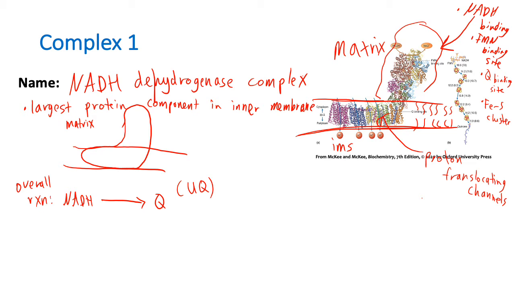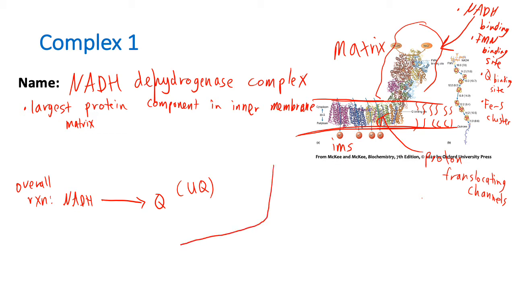And essentially, here's what's going on in this particular complex. I'm going to save some room right here and redraw it. So here's your complex right here. You have NADH, which is a byproduct of glycolysis.